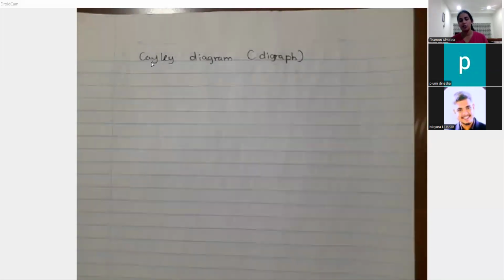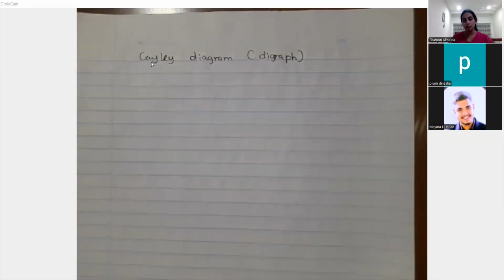A graph is actually given by a pair V and E in the usual notation. By V, we represent vertices. By E, we represent edges. Vertices are these nodes, right? And edges correspond to a pair of vertices, pair of nodes. If you have a line connecting one vertex to another, that is what we call an edge.